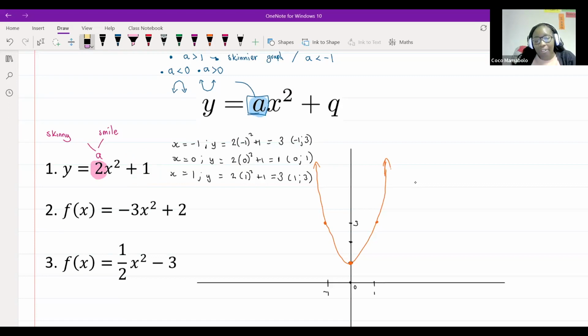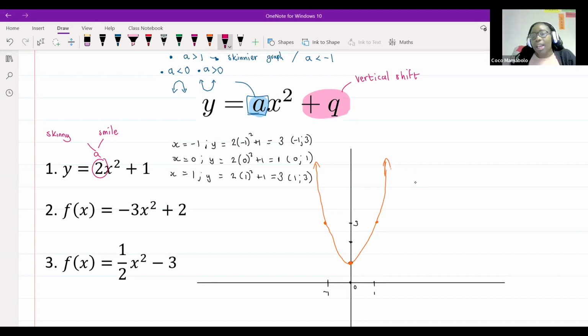So if we look at what we have over here, we know that this part of our graph makes this skinny. It also makes it smile, but this value we've called Q. What does the Q value do to my graph? The Q value will move my graph up or down. We call that a vertical shift.